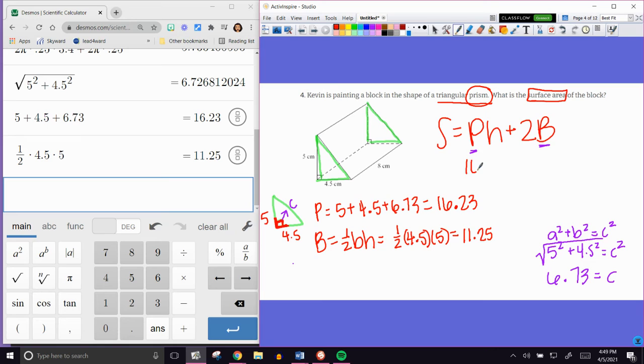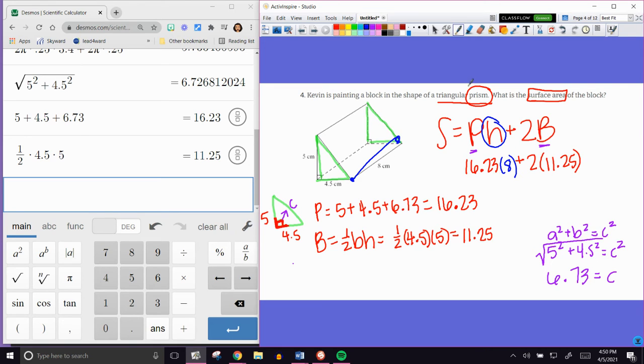So I'm going to plug in what I have calculated so far. Perimeter, 16.23. Moving on, plus 2. I've calculated my area of the base as 11.25. Okay. Now that h is lowercase. So again, that's my height of my figure, or my distance between my two bases. Here's the first base, here's the second base. And in between is 8 centimeters long.